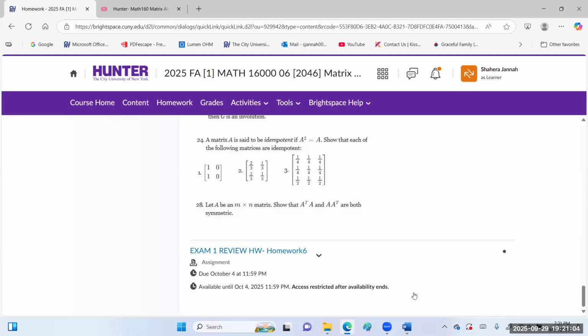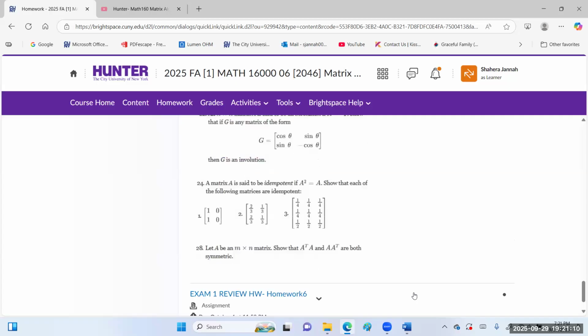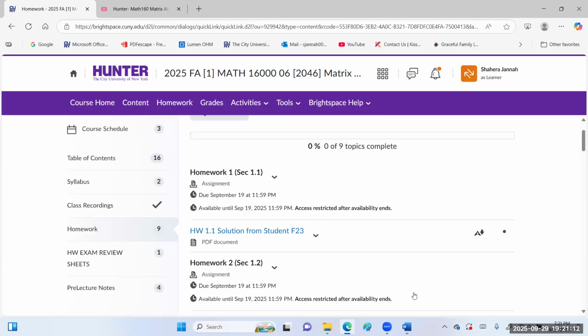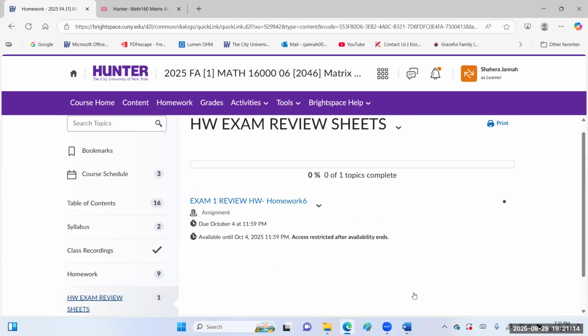Oh, also one more thing. To submit your solution, you can click here under the homework tab, or you can simply go to the homework tab here and then submit. They both are the same. You can submit only once. One PDF file, one submission.